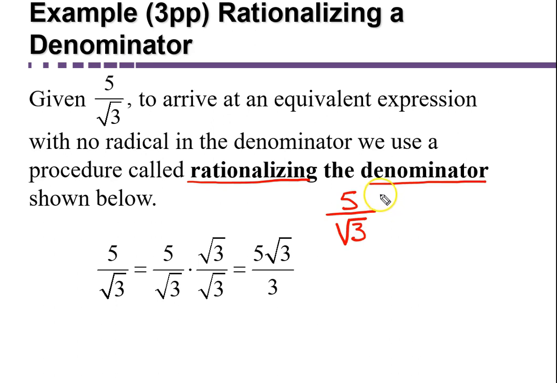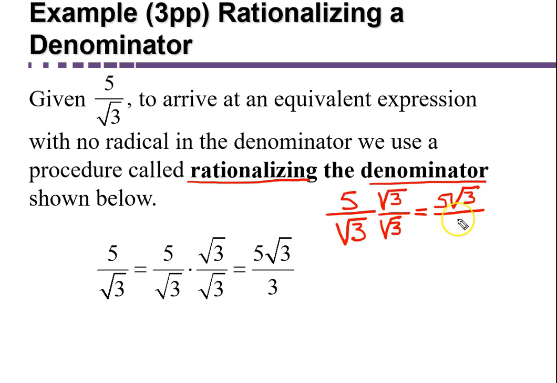So the technique is usually just take the square root of 3 over the square root of 3, which is a 1. We're allowed to multiply anything by 1 and not change its value. And now we get 5, the square root of 3 in our numerator. We get the square root of 3 times the square root of 3 is the square root of 9.